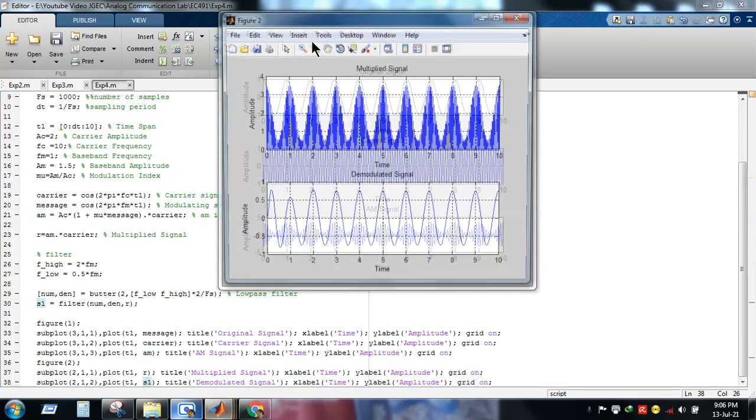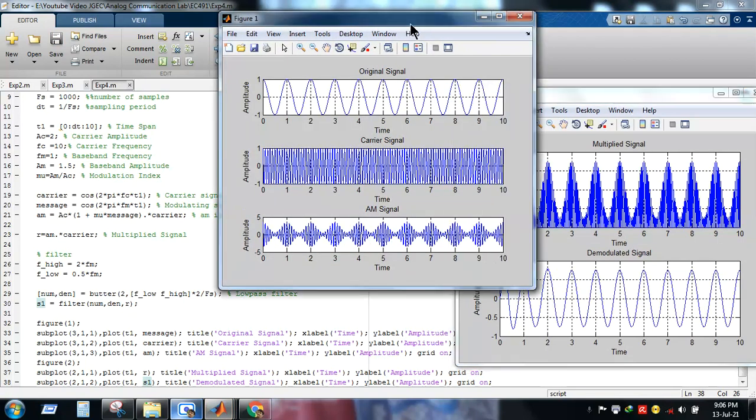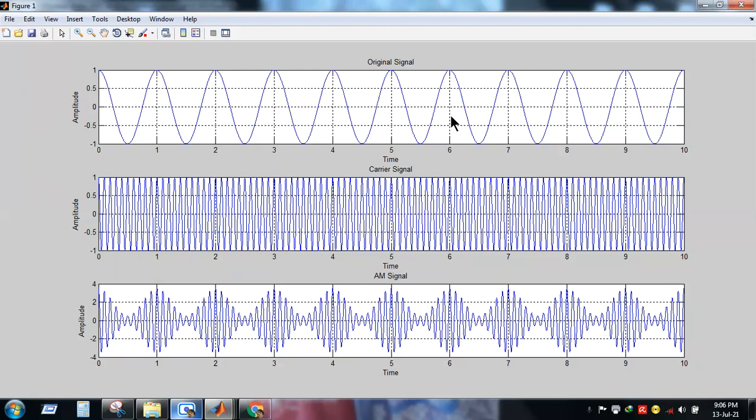Now let's run. You can see there are two plots. In the first figure there are three plots: original signal, carrier signal, and AM signal. It is quite simple to observe the modulation in this type of signal, where the amplitude of the carrier signal is varied according to the original signal. Clear?